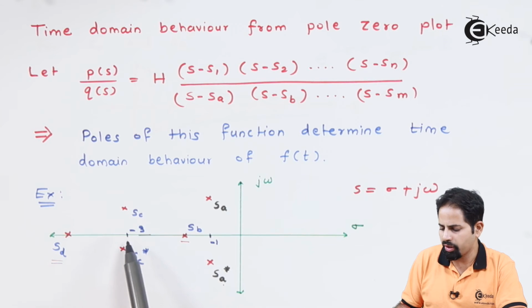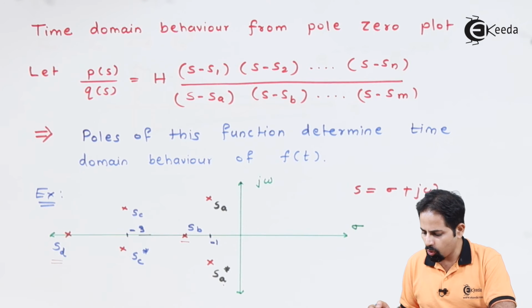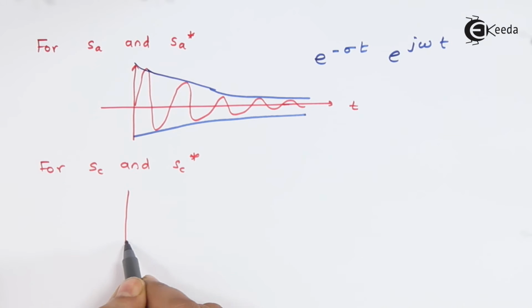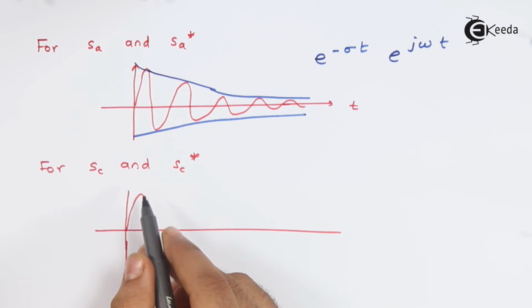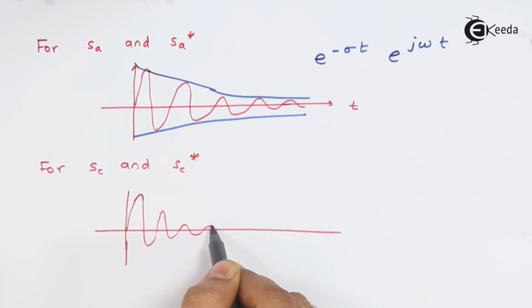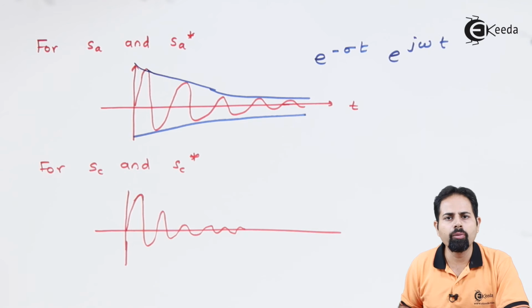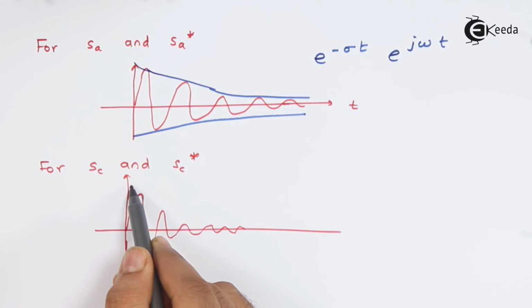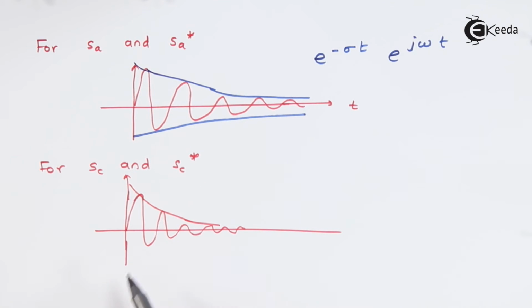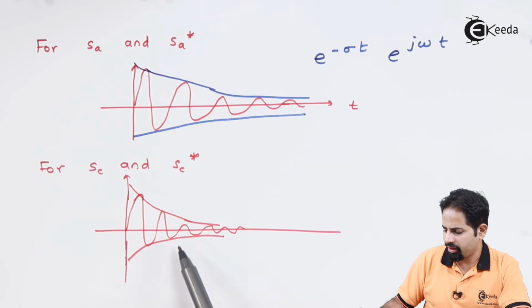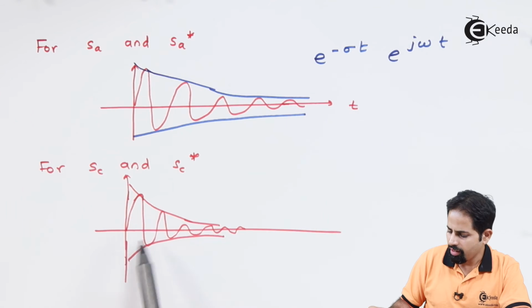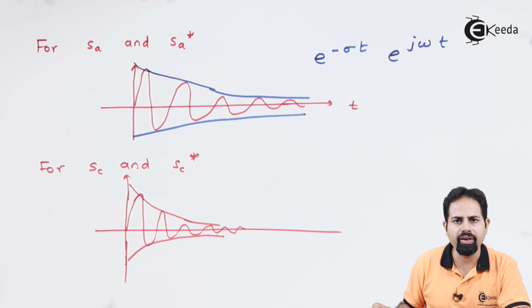So obviously it is going to decrease at a higher rate, and this is how the graph will be. It will decrease very gradually, like this. So the amplitude here is greater than this amplitude because these poles are nearer to the j omega axis, whereas these are not nearer, they are further away.